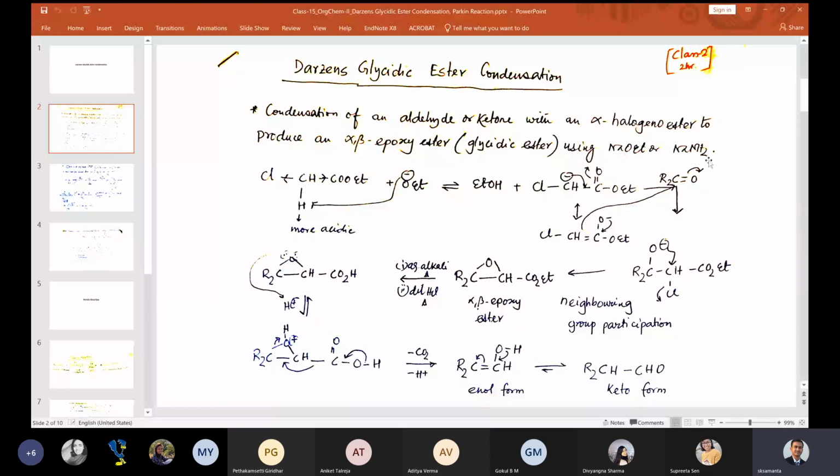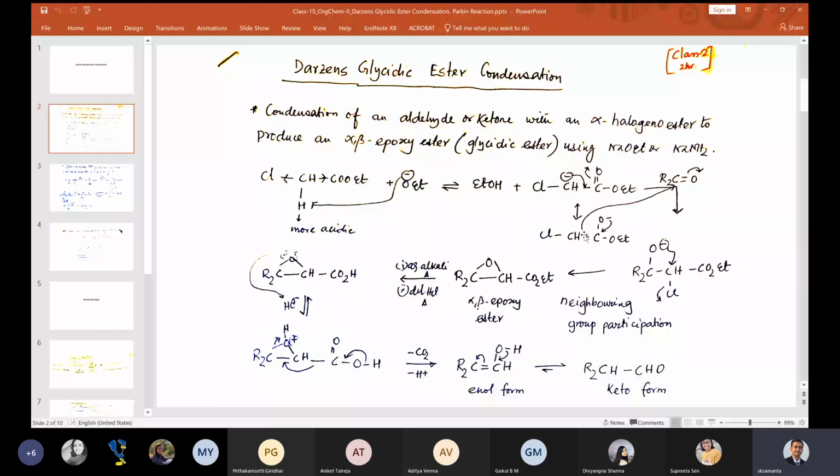So this is your alpha halo ester, and then we take a base. This takes first your acidic proton. Of course, this is more acidic. You have one chlorine, so the acidity of this proton increases even more, to form this negative charge, which is again resonance stabilized. Now here we add a ketone, R2C=O. Instead of attacking another molecule of this ester, it reacts with the ketone.